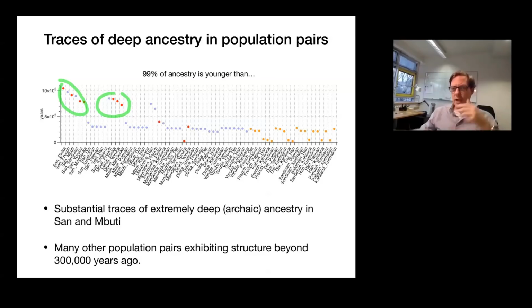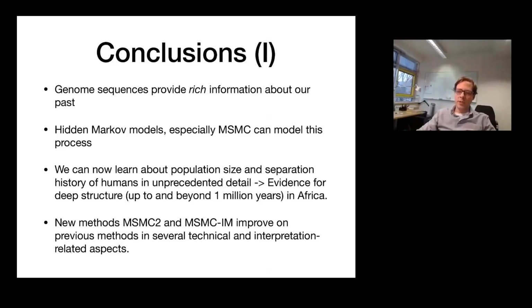So you saw that deep human history can be recovered from modern genome sequences, somewhat ironically, because of course old DNA, one would think, tells us more about old times, but that's not always true. So here we're really exploiting rich information from the process of how DNA gets inherited through mutation and recombination.